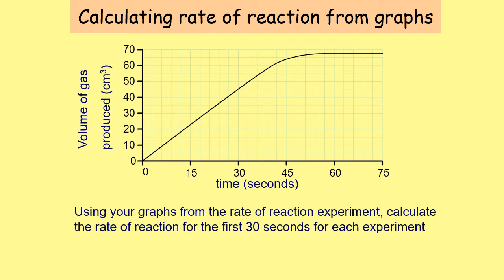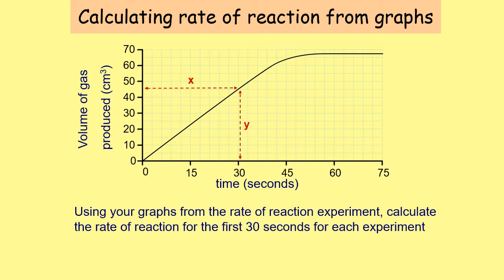So this is a second example, and this time it's calculate the rate of reaction for the first 30 seconds of this different experiment. So what we do is we go to 30 seconds along the bottom, we go up to our graph line, and then we go across to our line that tells us about volume. So we can see that at a time of 30 seconds, the volume produced was 45 centimeters cubed.